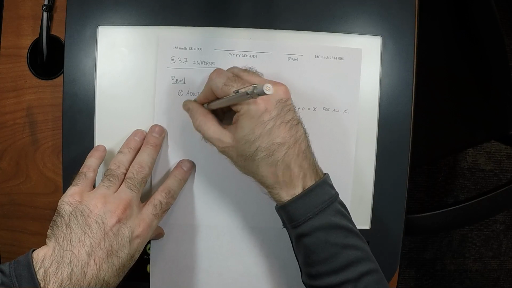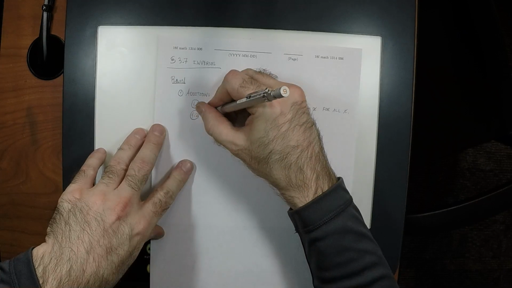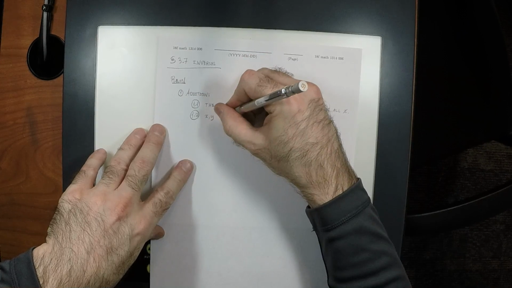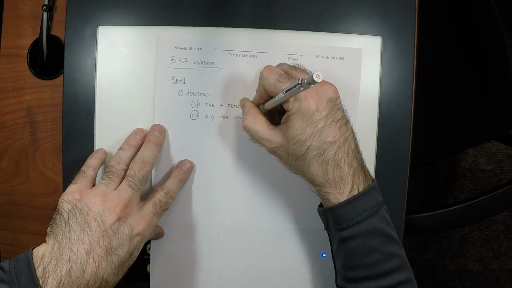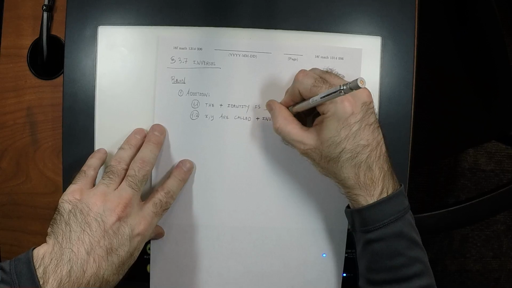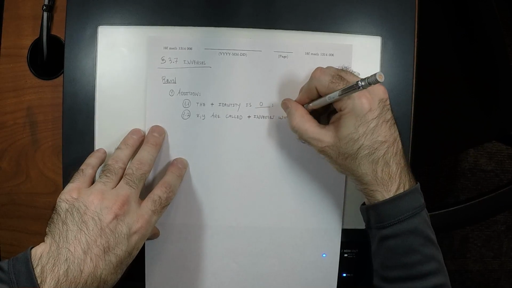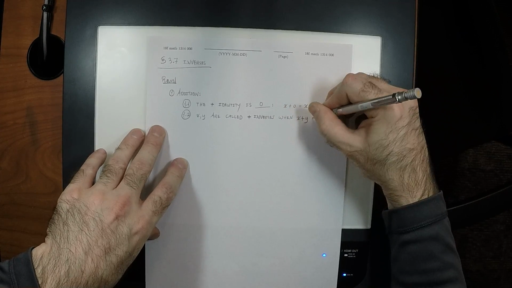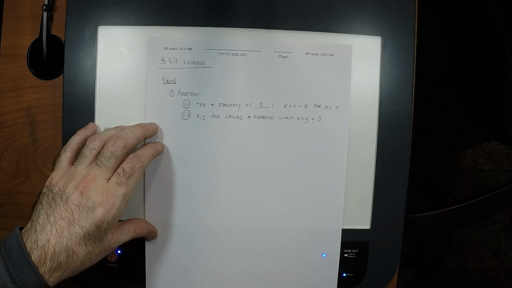1.2. The numbers x and y are called additive inverses when x plus y is 0. Why 0?